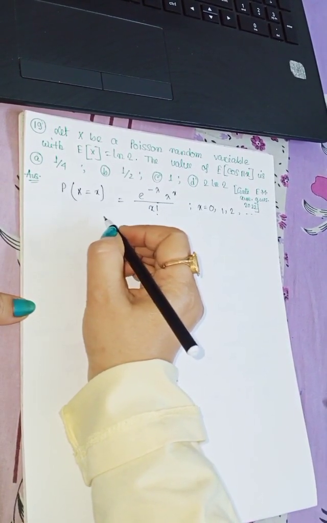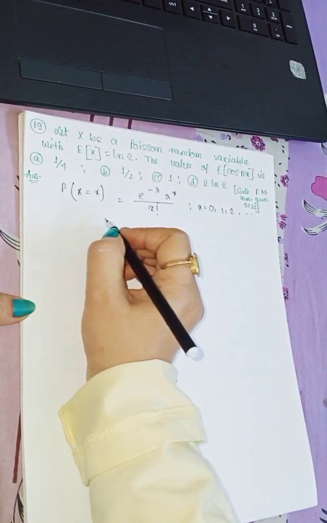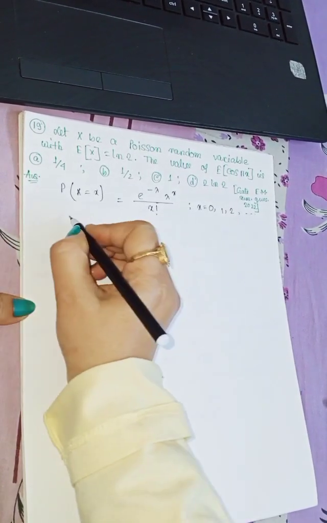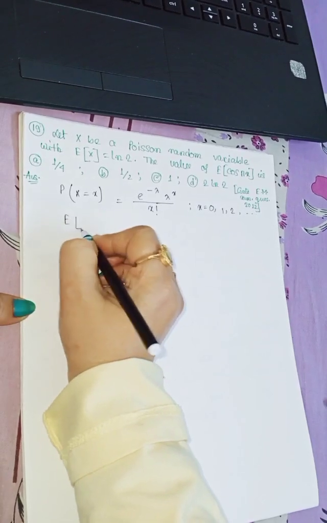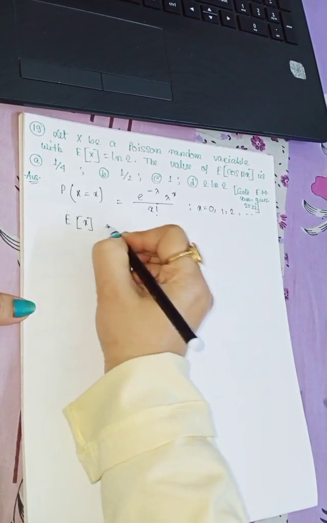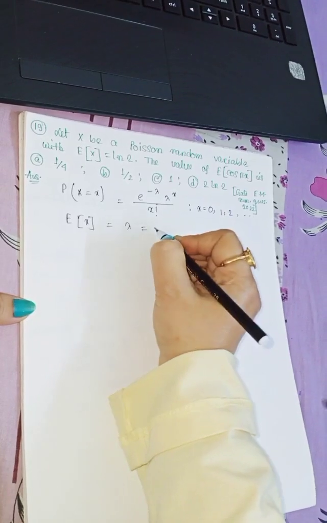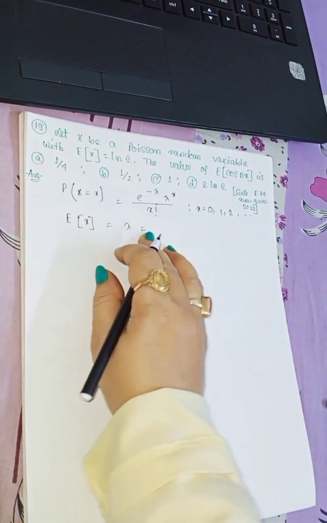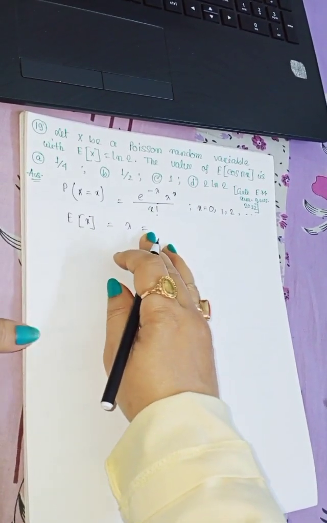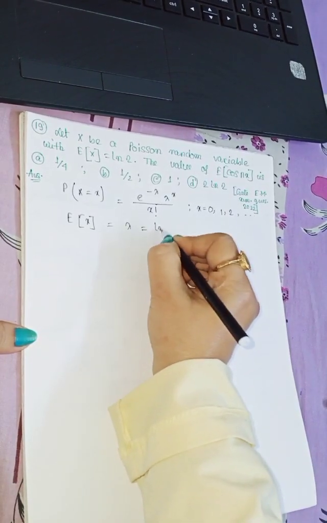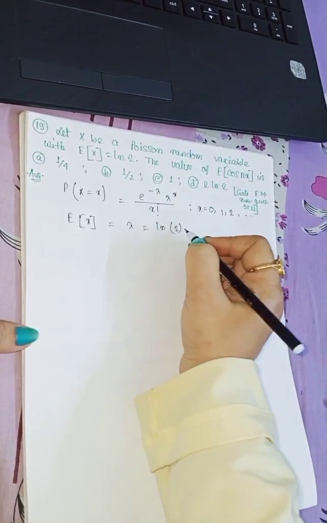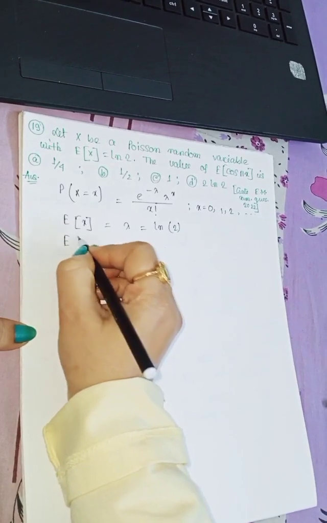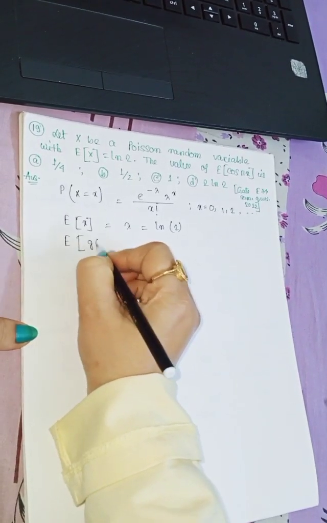Then the probability mass function of the Poisson random variable, E of X, that is equal to lambda, is equal to ln 2.